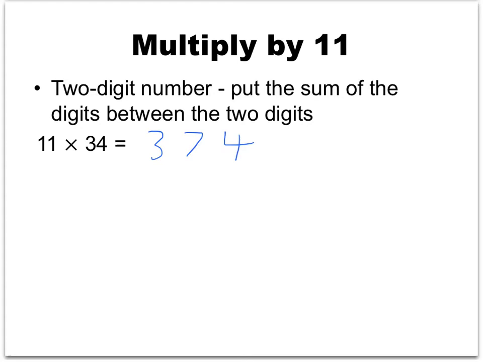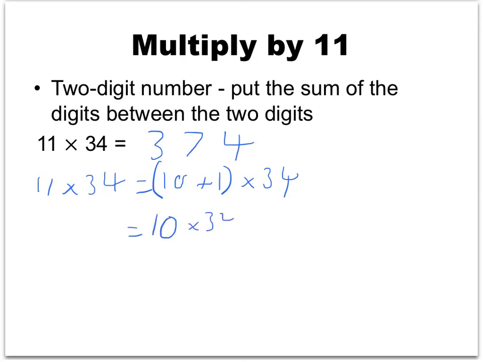Okay. Now, why does this work? Well, let's rewrite things kind of like this. 11 times 34 is equal to 10 plus 1 times 34, which is going to be, we'll use the distributive property again, 10 times 34 plus 1 times 34.